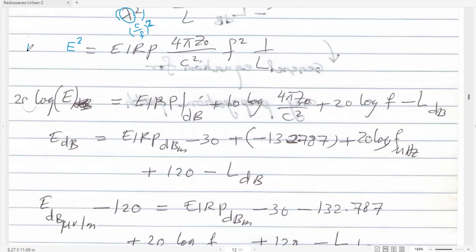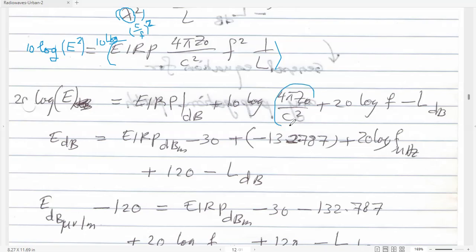10 log E squared is equal to 10 log this expression here. 10 log E squared is equal to 20 log E. 20 log E equal 10 log EIRP, which is EIRP in dB, plus 10 log 4 pi Z naught over C squared.